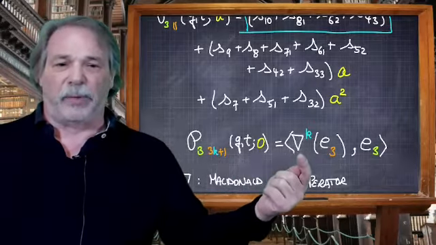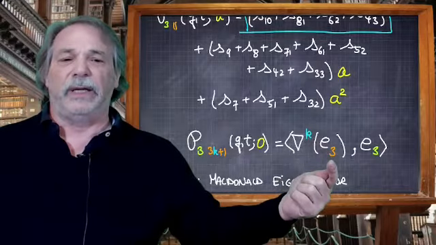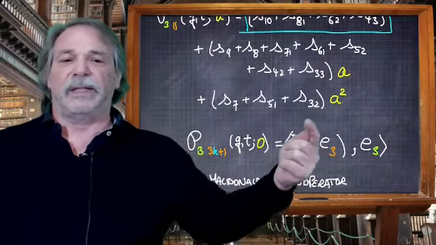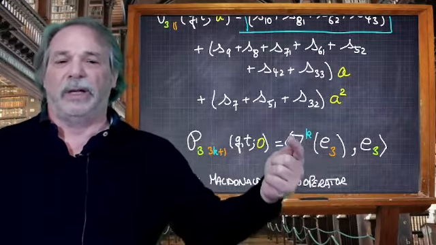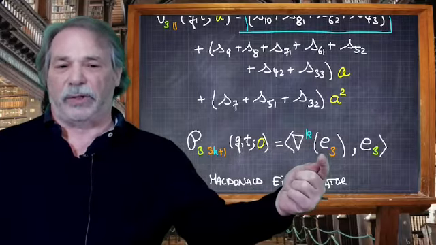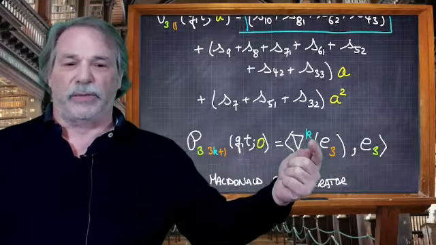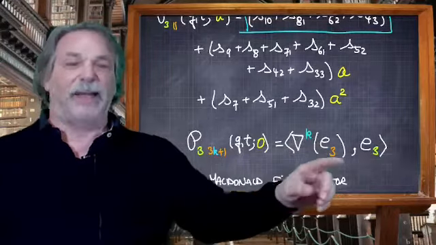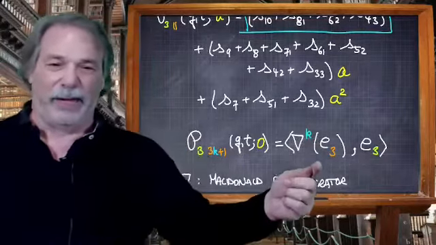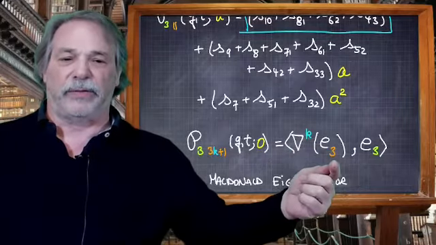Describe this operator, apply it k times to E3, and then this is a symmetric function. By the way, E3 is the elementary symmetric function. So you apply nabla to the k to the elementary symmetric function.